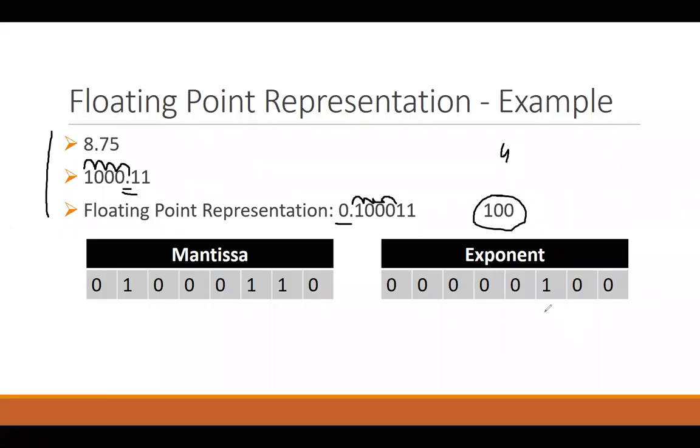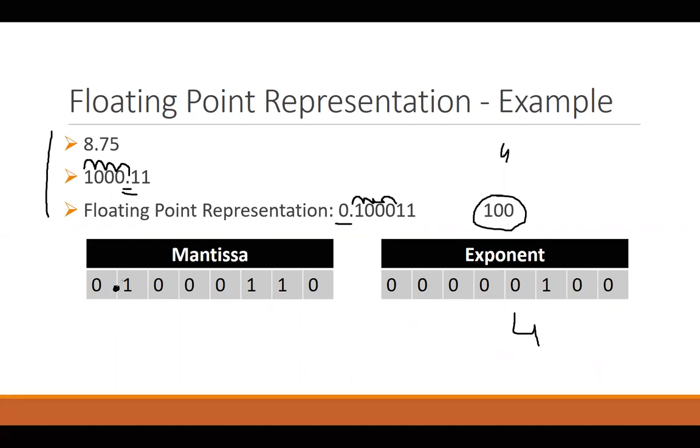So what I'm going to do is, first of all, convert this exponent, and this exponent is going to give me some value. Now I know that my binary point lies here. As per the rule, my binary point is going to be right after the first bit of my mantissa.